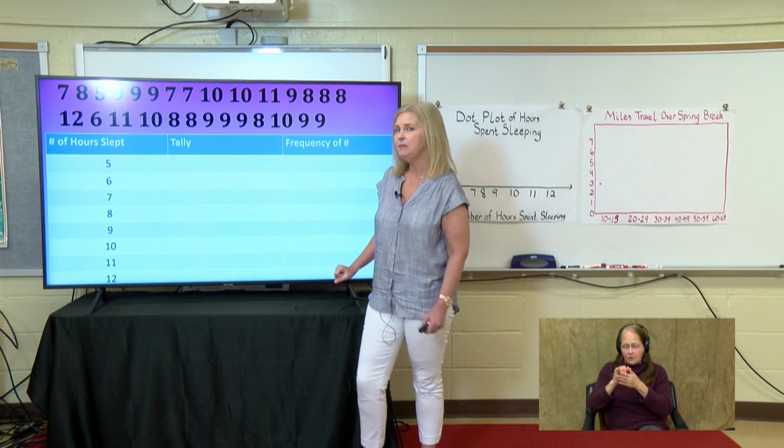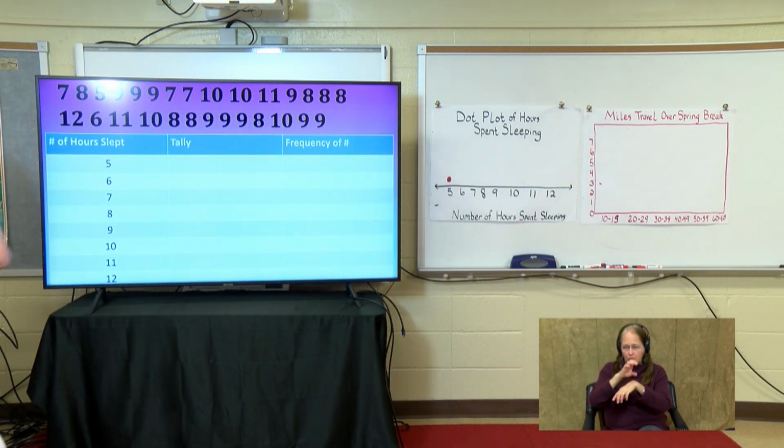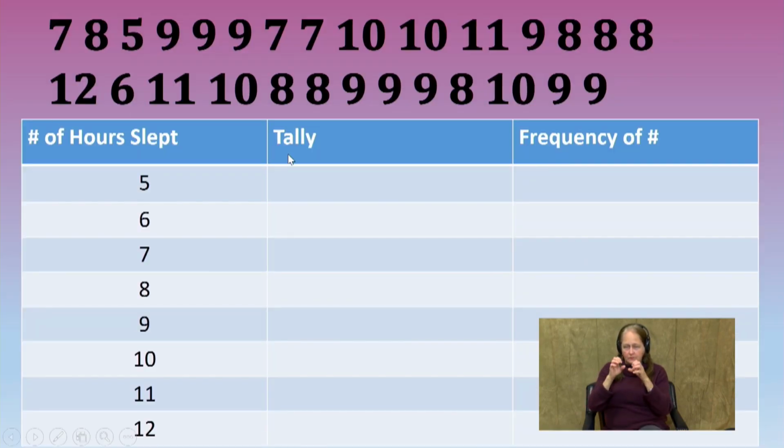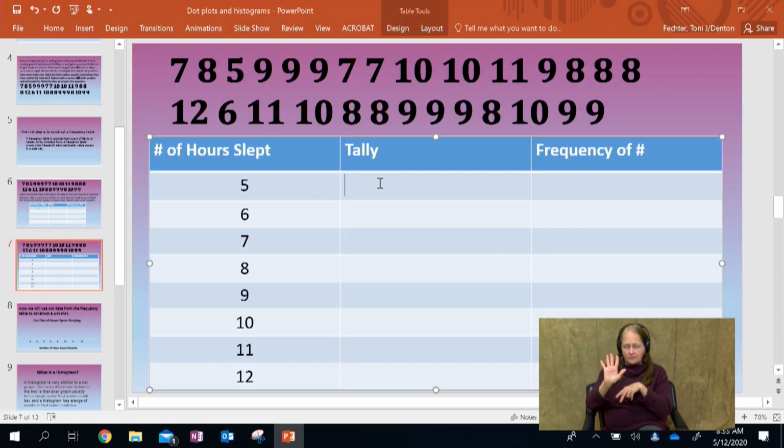I'm going to have to go over to the computer, but we can stay on here. So let's look at 5. We already know there was 1 five, which comes up 1 time. Now let's take a look at 6. We have 1 six.